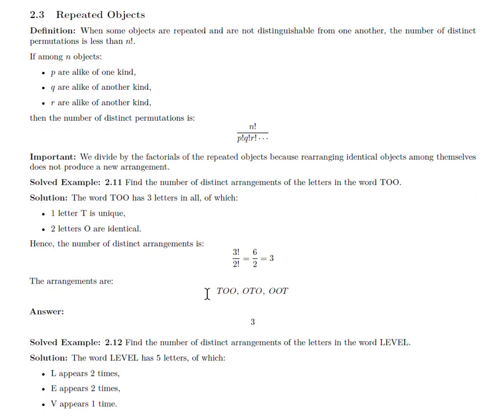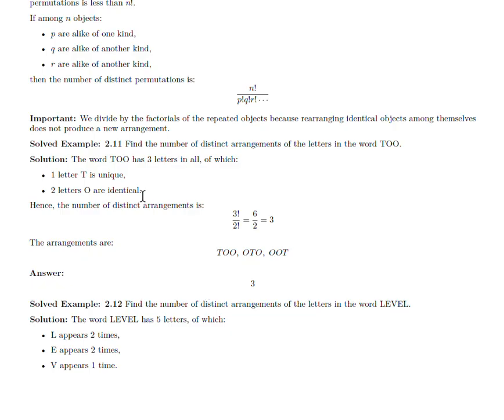Let's go straight to example 2.11. Find the number of distinct arrangements of the letters in the word TOO, T-O-O. The word TOO has three letters in all, of which T is unique, is distinct, but O is repeated. And so we have three letters. First, that's 3 factorial, and then we have one letter that is repeated twice.